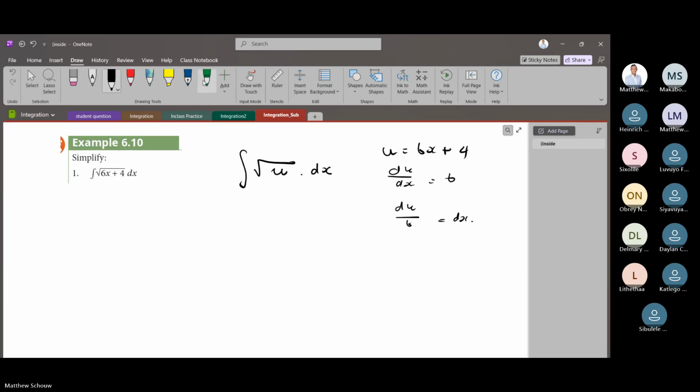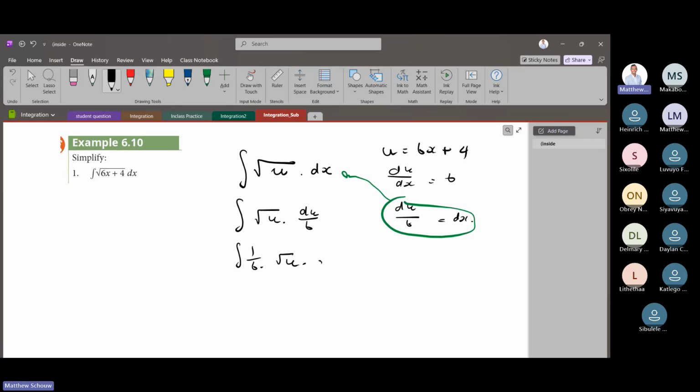Show you. See this one? We take that and we substitute it in place of that. So then we have root u times du over 6. But this obviously is the same as 1 over 6 root u times du. You guys got me?